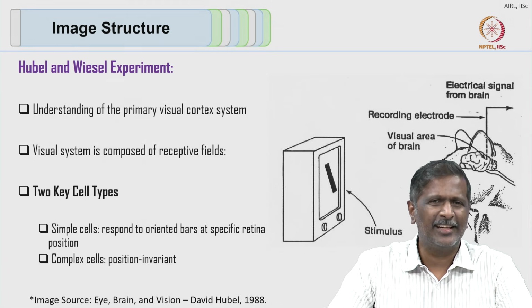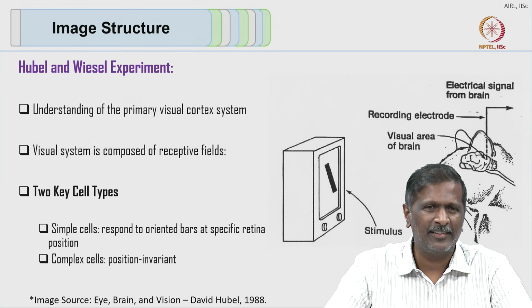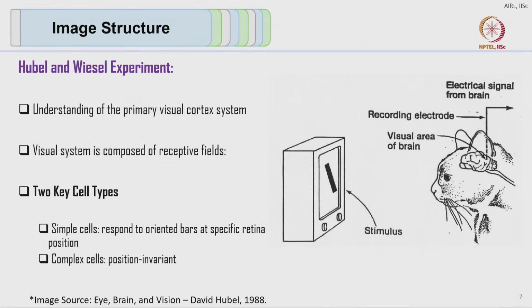There's a classical experiment, done at an early stage, to understand how the human visual process takes place. They have a stimulus, they put a rectangular strip, and there's a cat, and they put a small electrode in a visual area to understand how the cat sees this stimulus. Basically this experiment was conducted to understand the primary visual cortex of the human system.